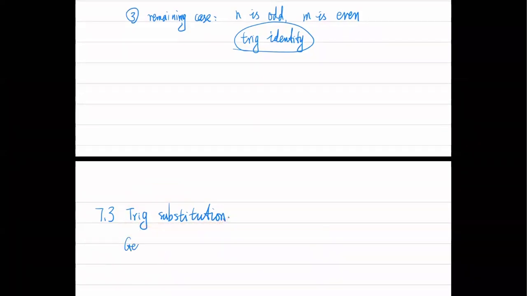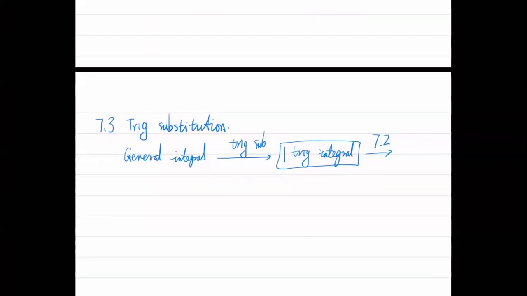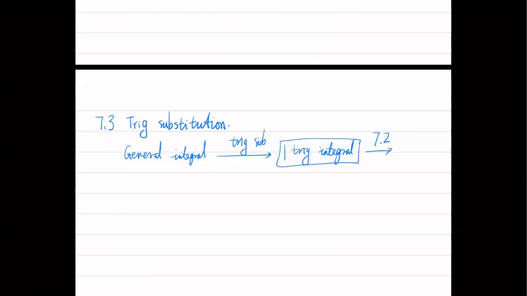So general trig sub, they become trig integral. Then 10.2, we know how to do this. So from the trig integral we go one step further, to even more general ones.